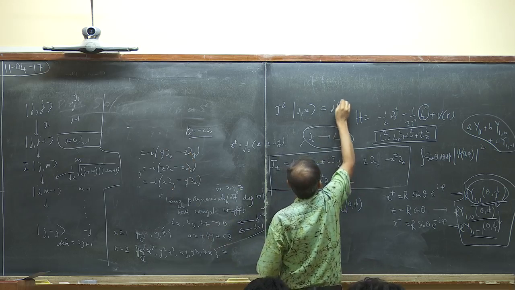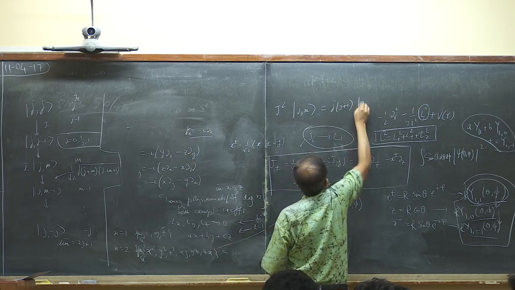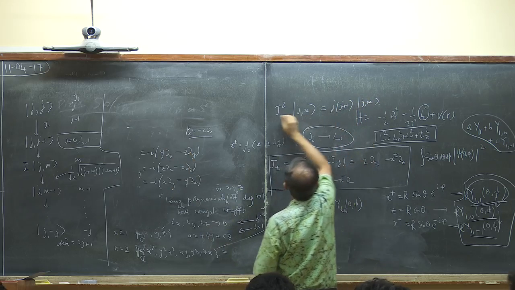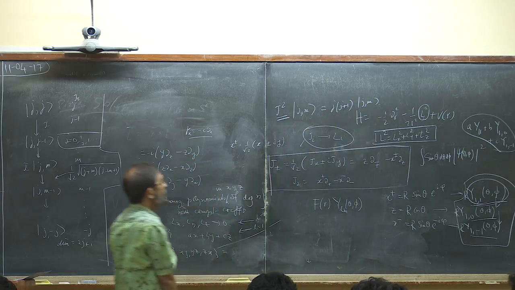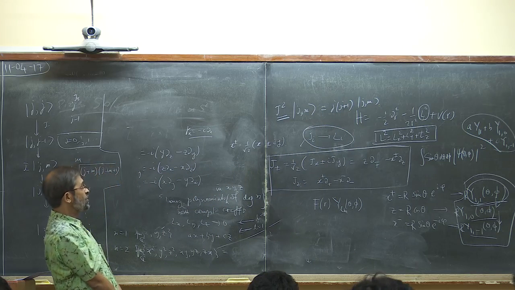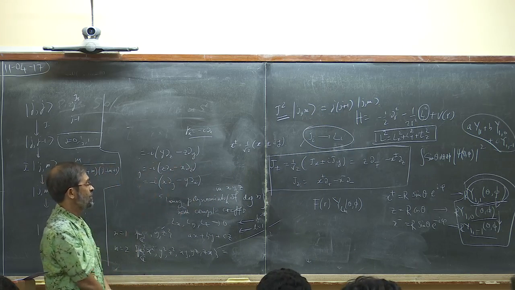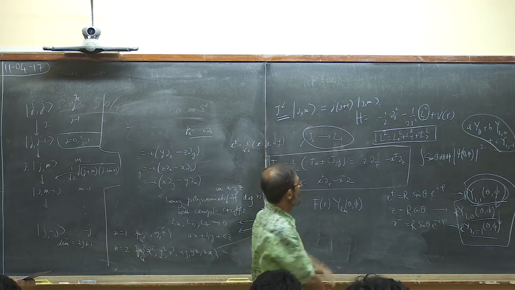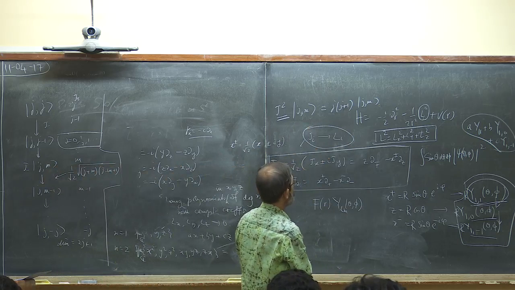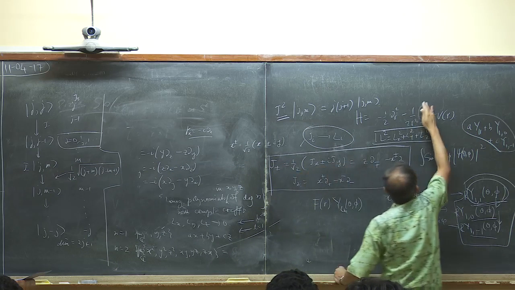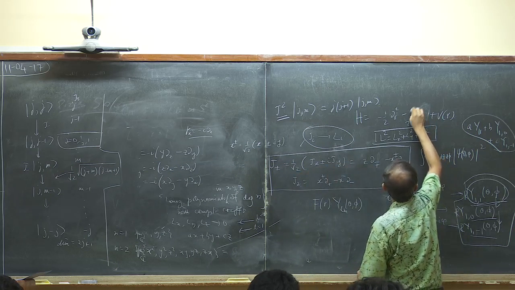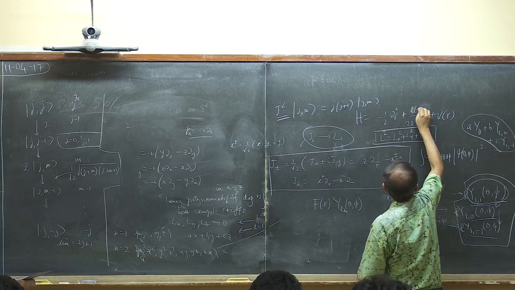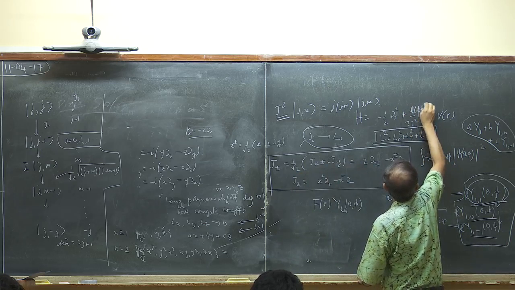This is J into J plus 1. So this operator is the same throughout its representation and is given by J into J plus 1. So for the angular momentum operator it's L into L plus 1.